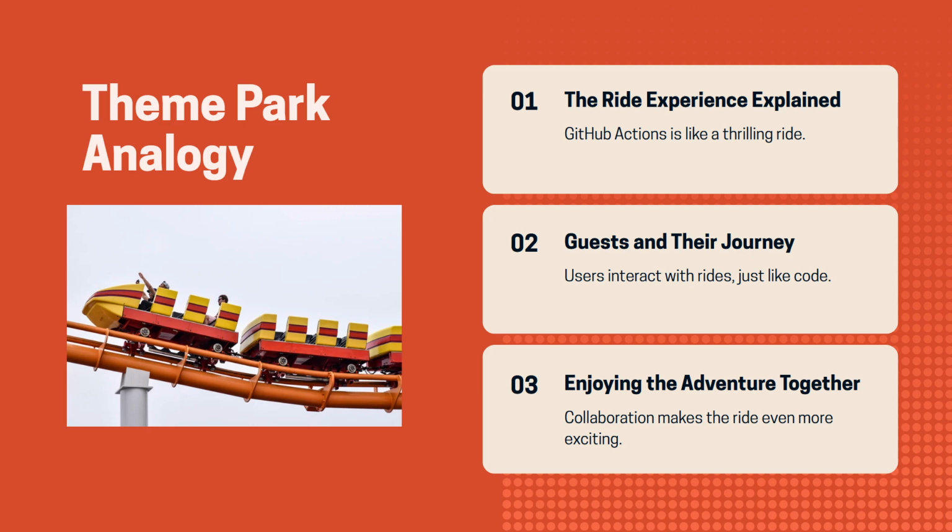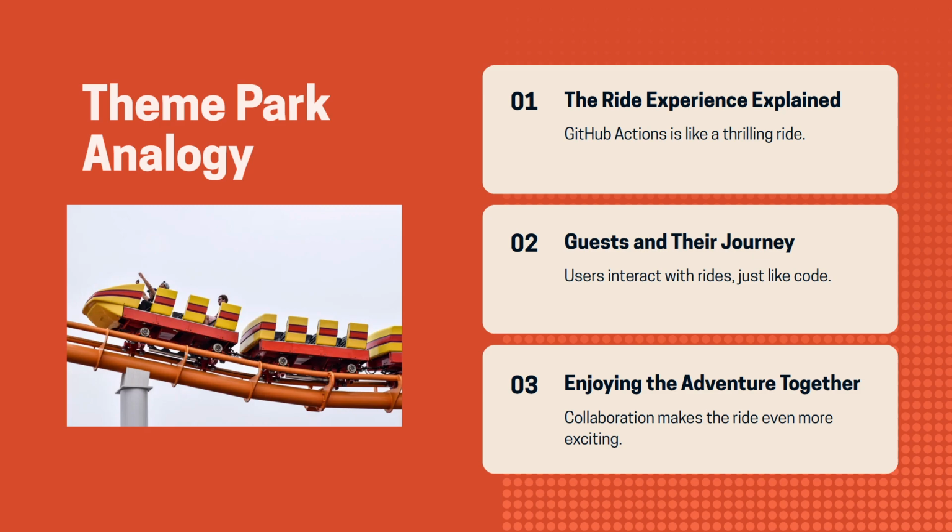So if we map the terms, GitHub Actions versus a theme park ride equivalent. The repository is like a theme park. Your workflow, which is a .yml file, is like a ride blueprint.